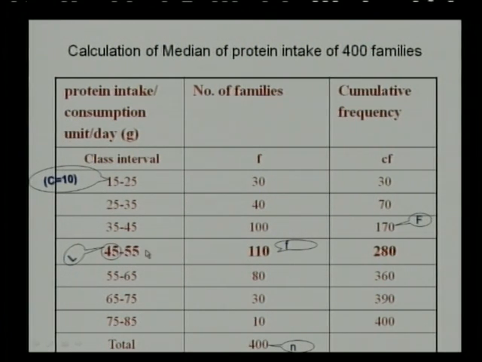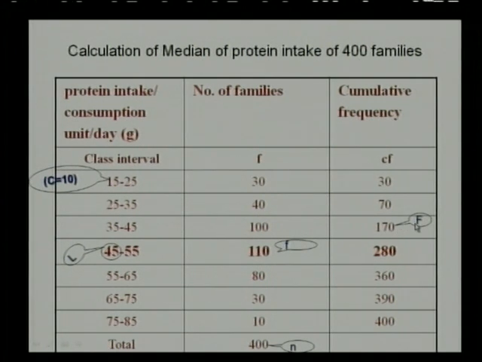Now how do I find the median? Before we go to the next slide, let me give you the notation. This is my L. L is called the lower limit of the median class. C is the class interval, which can be obtained by taking the difference of two consecutive lower limits or two consecutive upper limits.